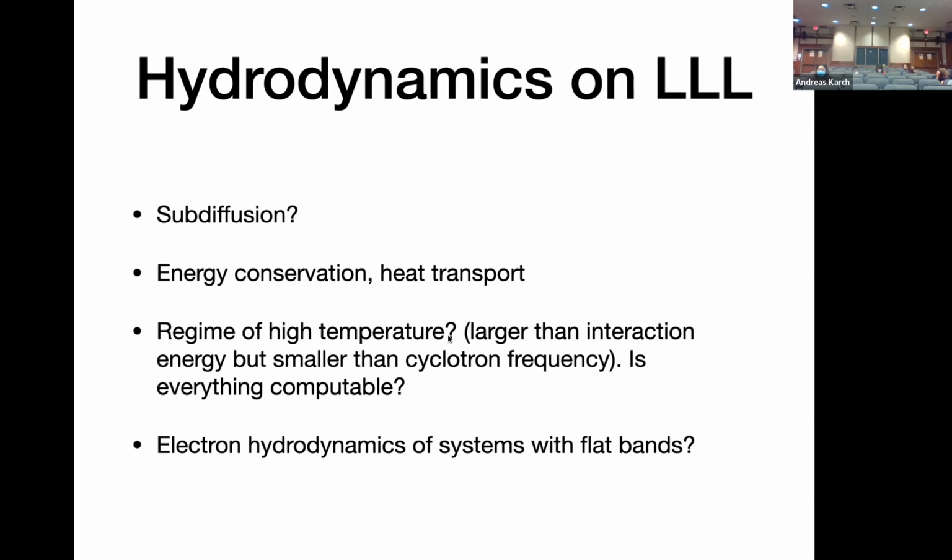So imagine that we have a temperature that is high compared to the interaction energy within the Landau level, but still low compared to the distance to the next Landau level. It is an interesting regime to consider, in which, from the point of view of the lowest Landau level physics, the temperature is almost infinite, but there is no kinetic energy. All the non-trivial physics is due to the interaction between the electrons.